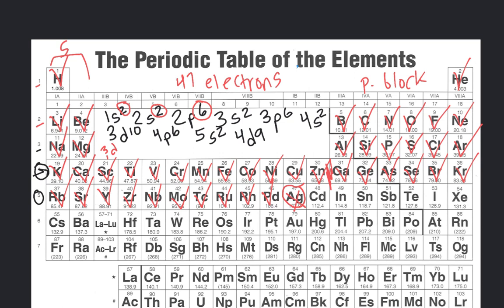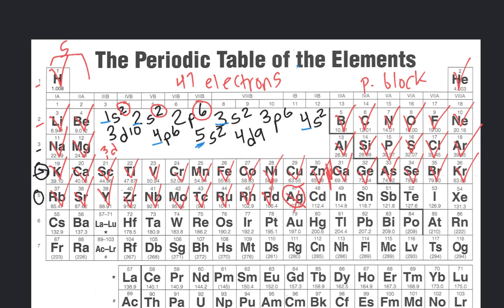Now, how many valence electrons does silver have, or electrons in the outer energy level? So what's the highest energy level here? We've got energy level 1, energy level 2, energy level 3, energy level 4, energy level 5. Right here, energy level 5.